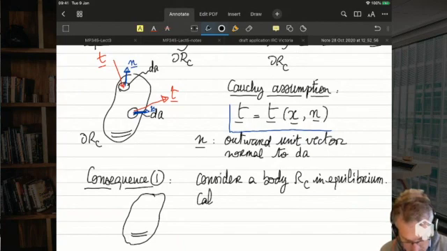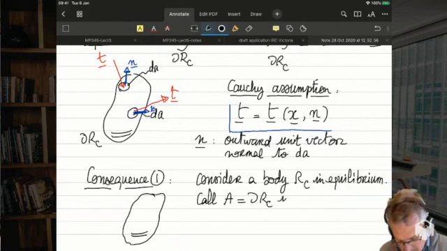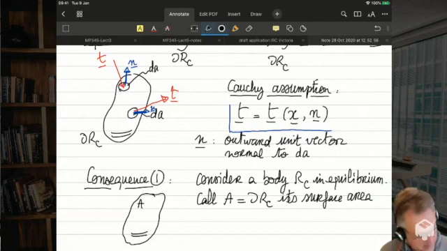I'm going to call its surface area A, because RC, that's just too long to write.